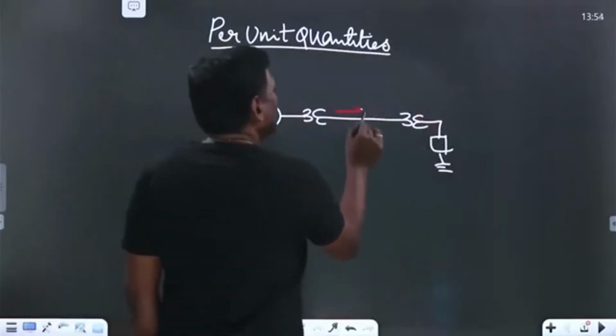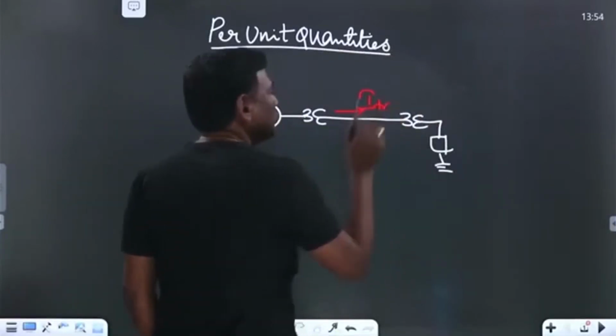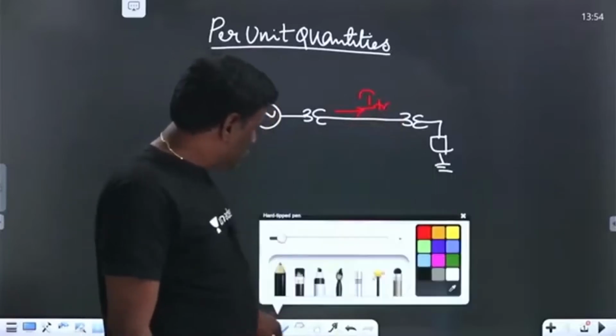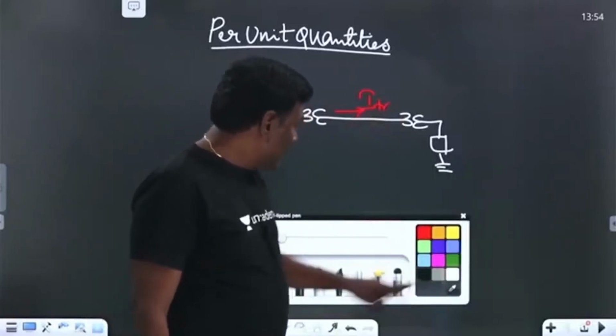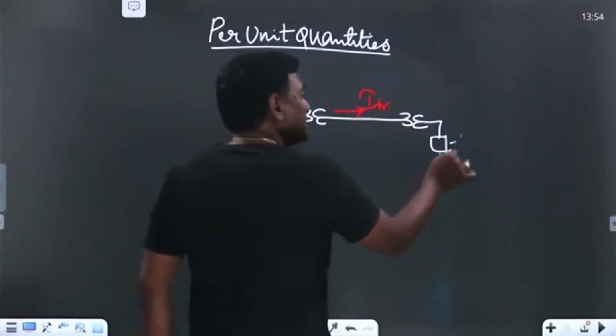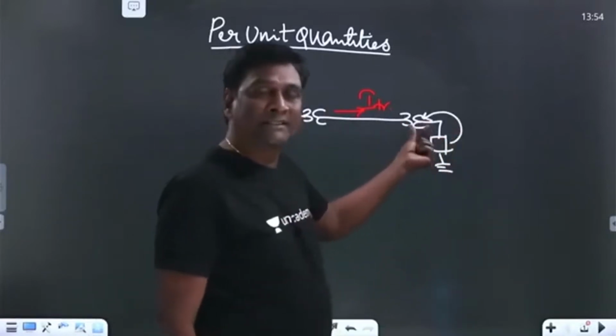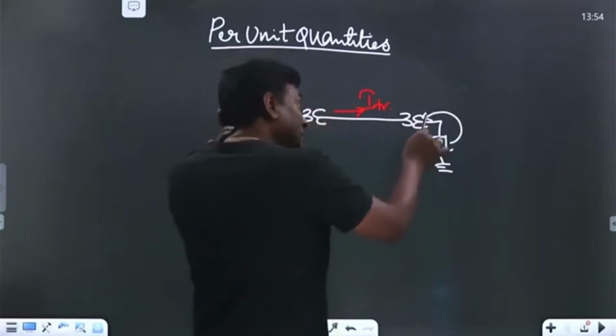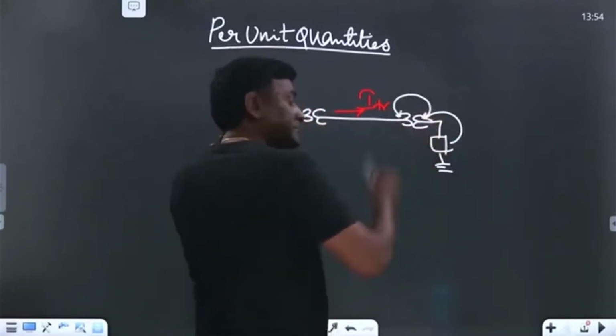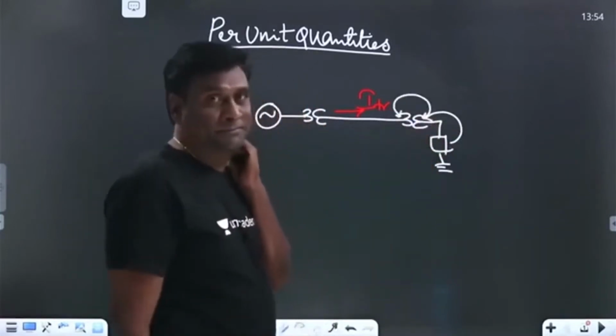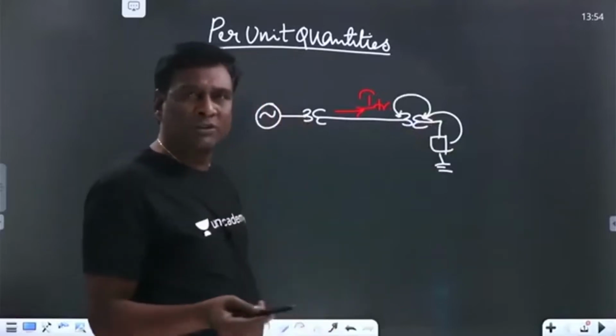If I want to find the load current or transmission line current, what am I supposed to do? I'm supposed to transform this load to this side, or this load impedance should be added with the secondary impedance of the transformer, and that has to be transformed by N1 by N2 squared or N2 by N1 squared, whatever it may be.